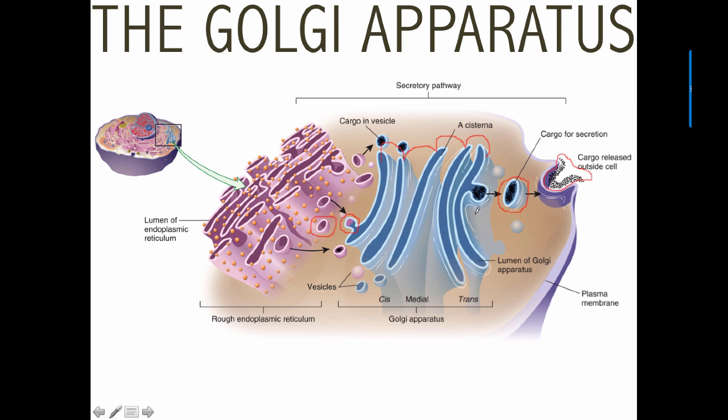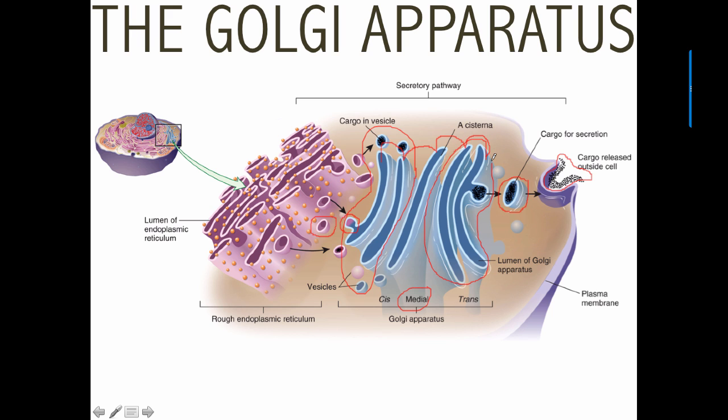When we look at the structure of the Golgi, this side here, which is closest to the endoplasmic reticulum, is called the cis face. Then there's a middle section called the medial section, you can see that down here, and the side which is closest to the cell membrane is called the trans face.